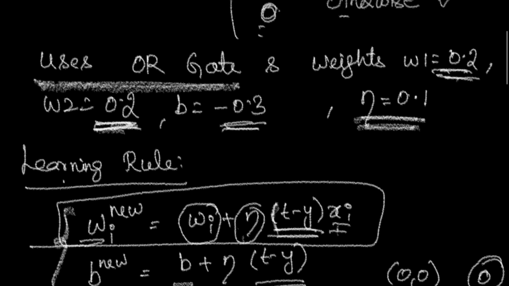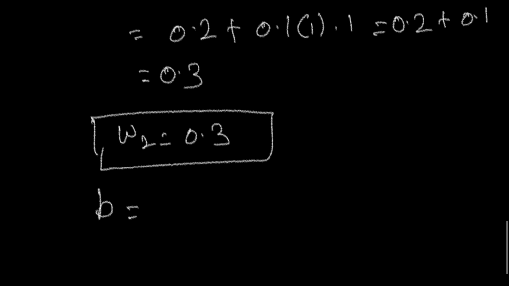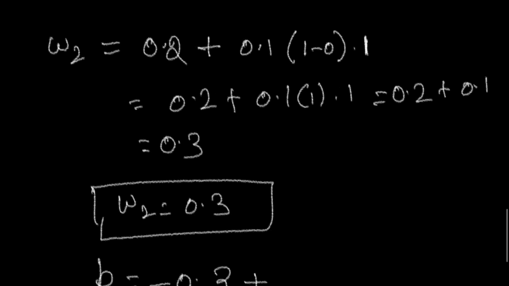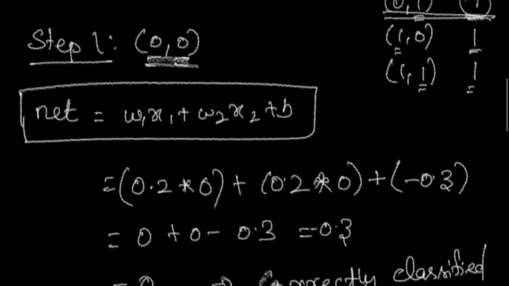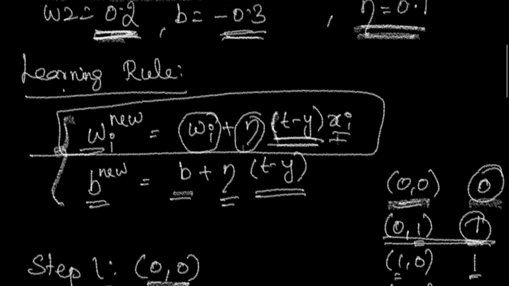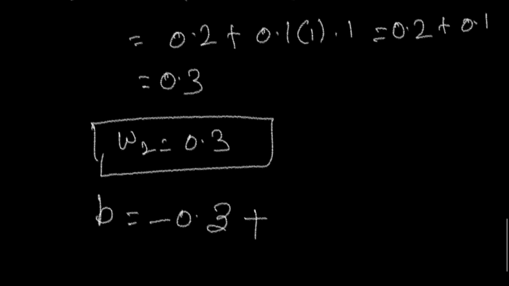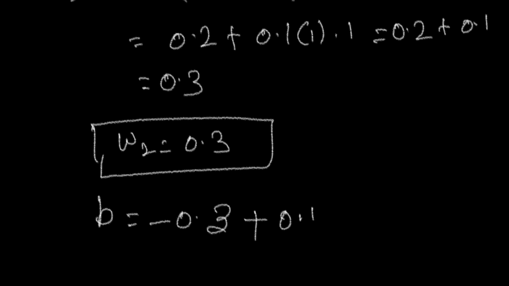The old bias is minus 0.3. So we take minus 0.3, the old bias, plus the learning rate. What is the learning rate we have used? The learning rate is 0.1. Already we have used 0.1.